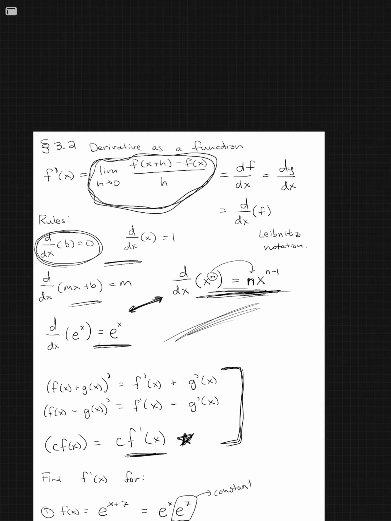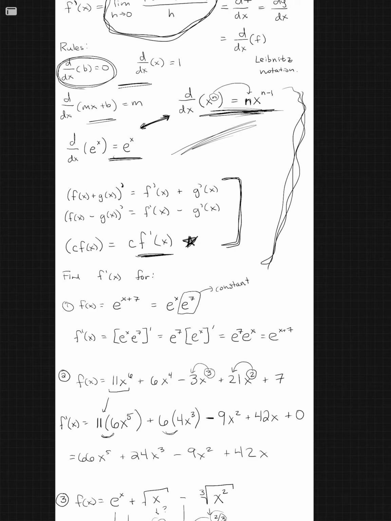If it says just find the derivative, you're welcome to use any of these rules that we have here. Just keep in mind to look for the instructions to use the limit definition of the derivative on some problems.